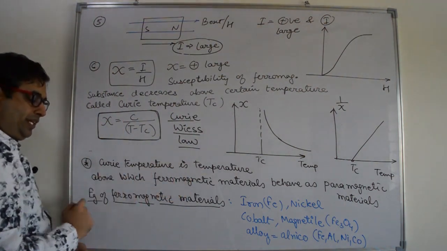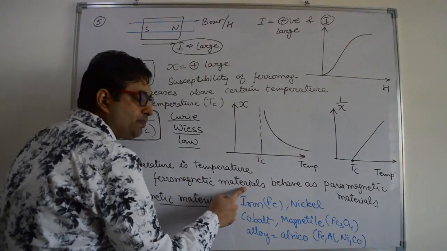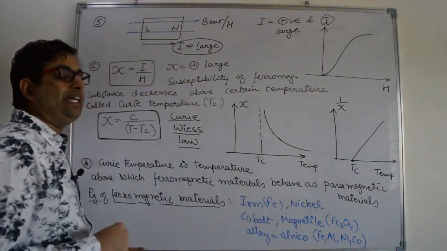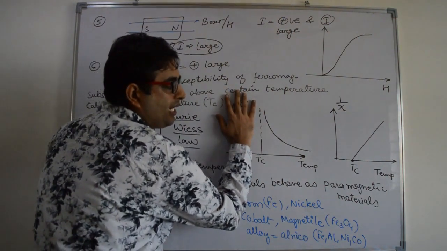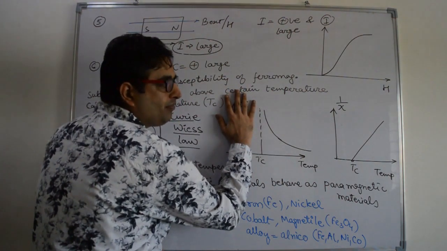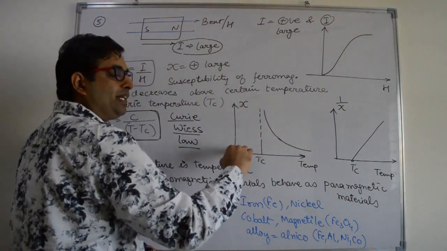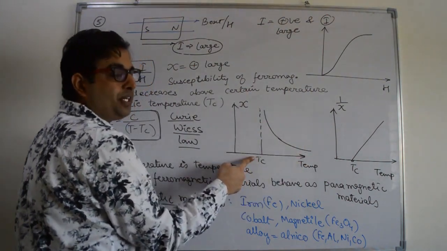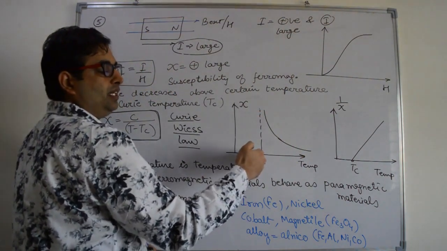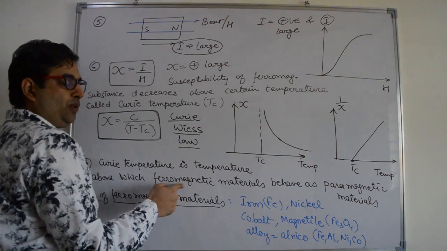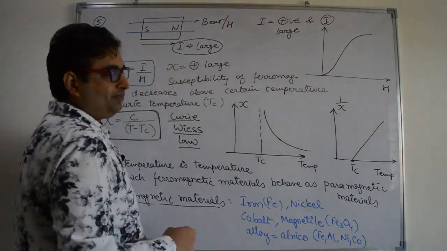Curie temperature is the temperature above which a ferromagnetic substance behaves like a paramagnetic substance, because this graph is for paramagnetic, and for ferromagnetic the same graph is there but only after a particular temperature, the Curie temperature. So this is the temperature above which ferromagnetic materials behave as paramagnetic materials, right?